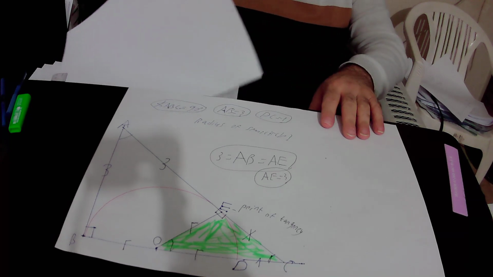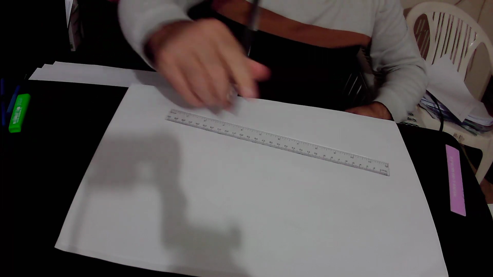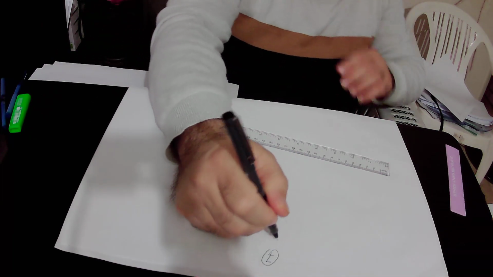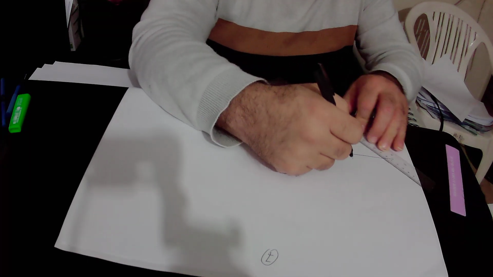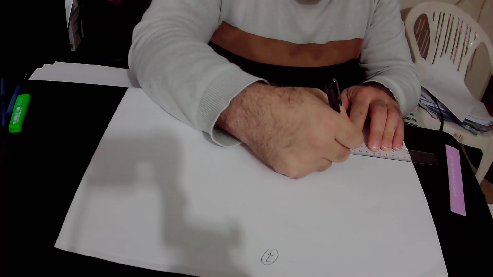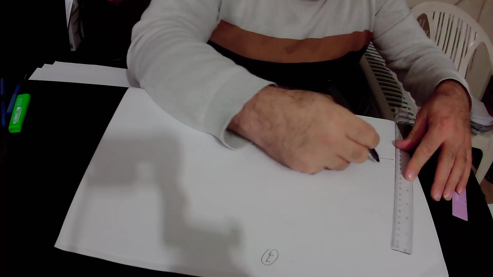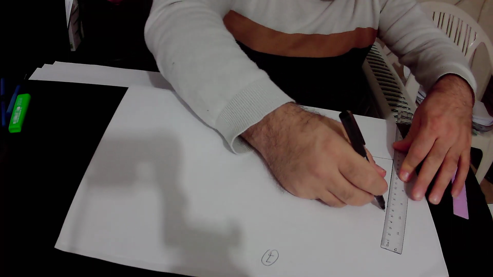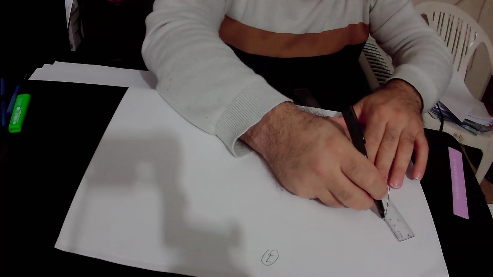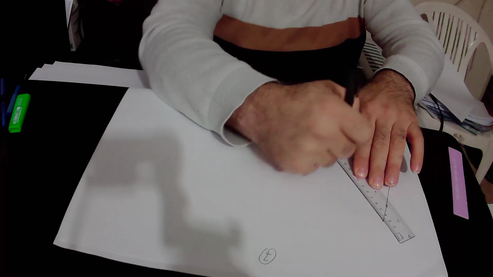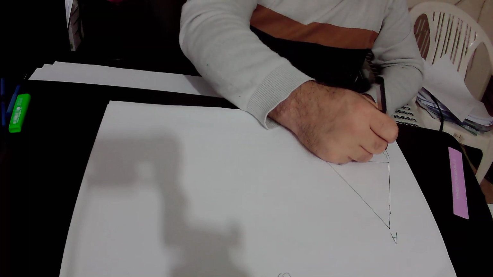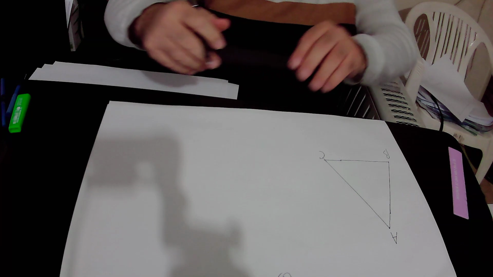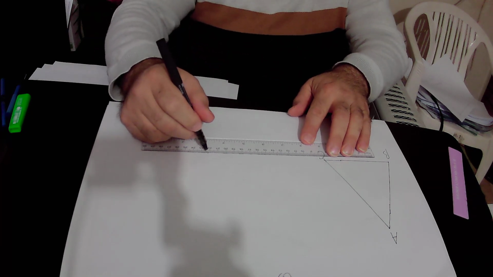If you have two triangles, this is triangle ABC, and we have another triangle, triangle DEF.